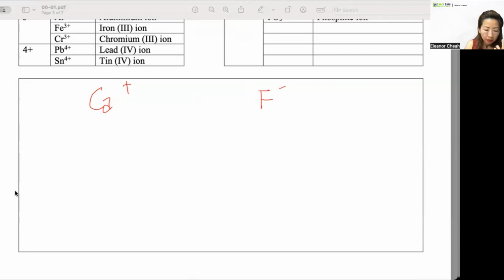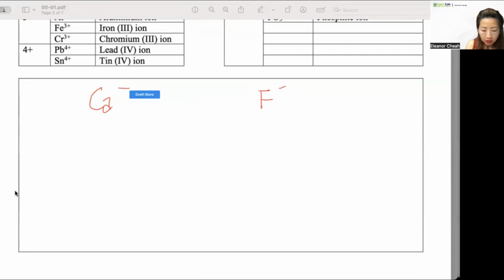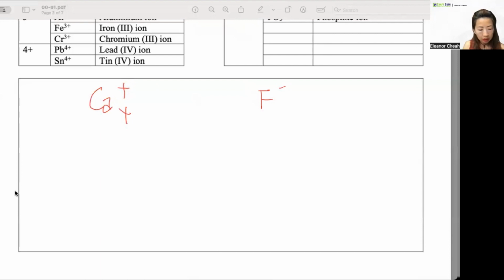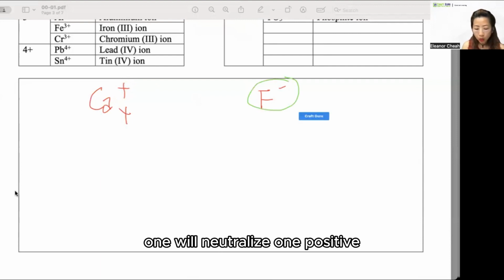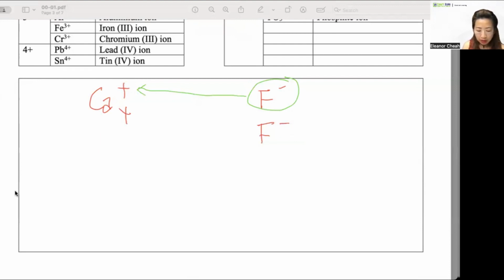If I draw the positive charge separately like this, you can see this fluoride 1 will neutralize 1 positive. We need another fluoride to neutralize another charge.